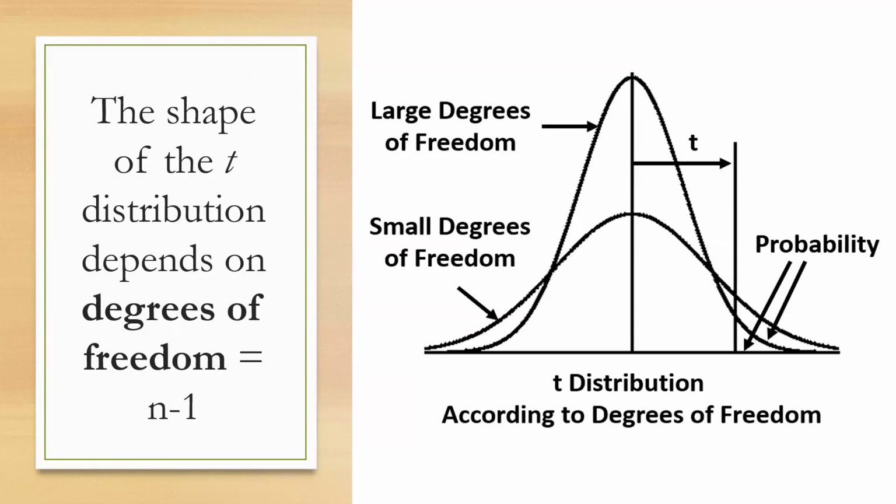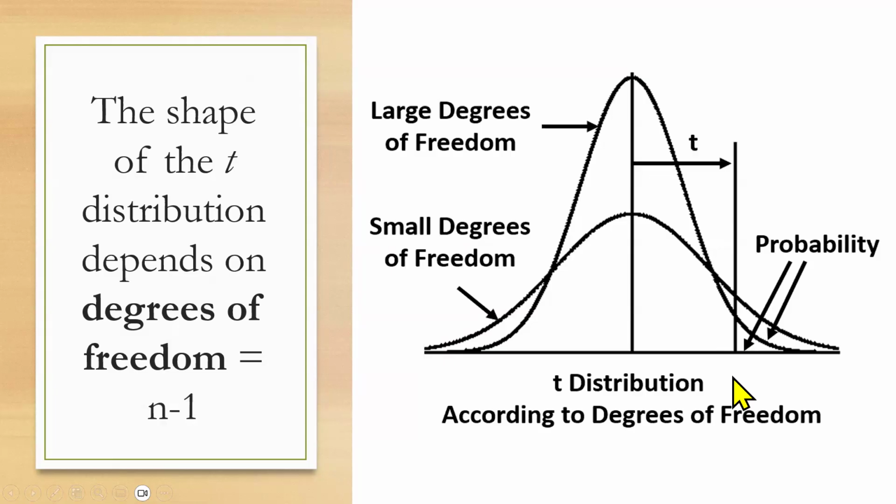So depending on the sample size, for the same probability that we find in the tails, we're going to have different values of t. All right, so when we want to know a probability that's in the tail of our t distribution, we need to know the degrees of freedom.